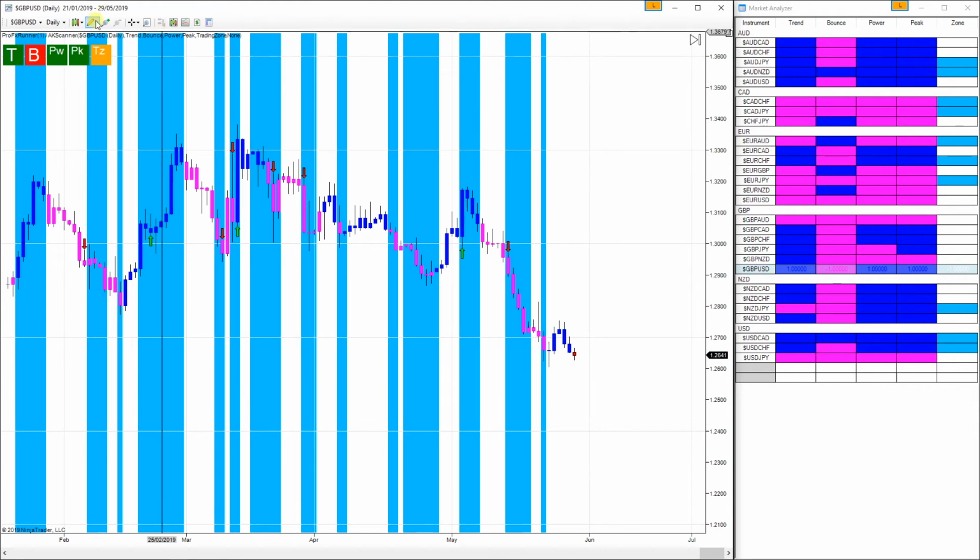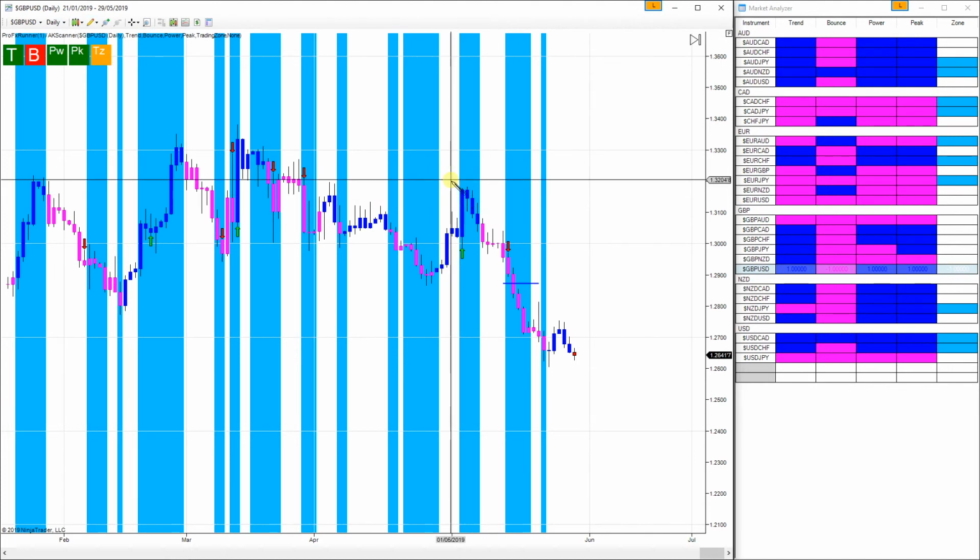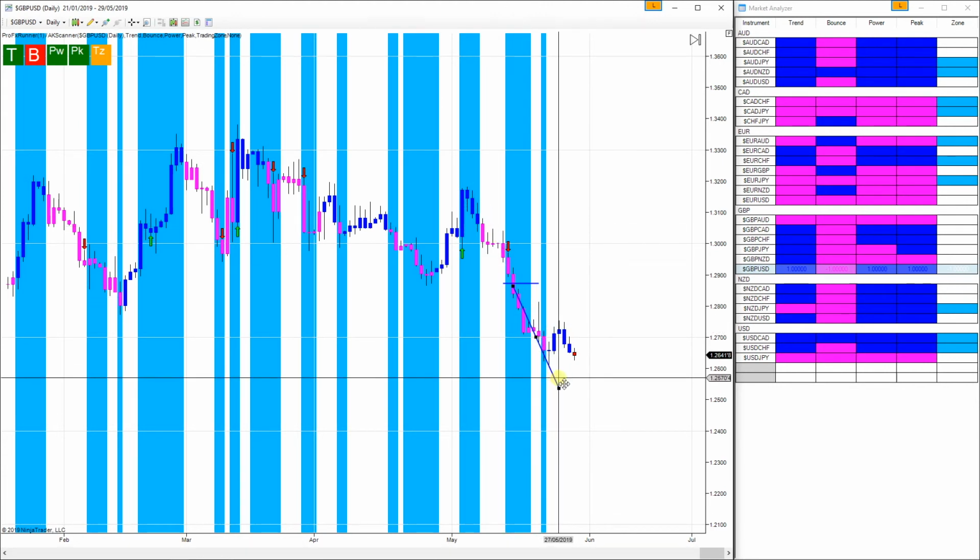In fact, we did get a sell signal on the 14th, and we took that sell signal. I won't go into where the stops and targets were, but we fully go into that in greater detail with other videos that we do. So our entry was given to us by this red arrow.